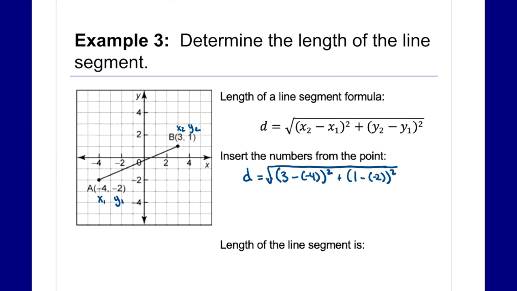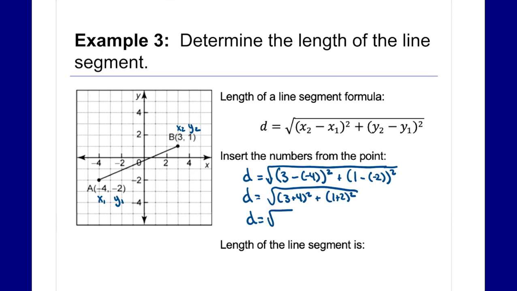So keep in mind the minus is in there, so when we're minusing a negative, we don't just say, oh, we already have a negative, so we don't need to include another one. We do still need to include it. So this becomes the square root of 3 plus 4 squared plus 1 plus 2 squared.